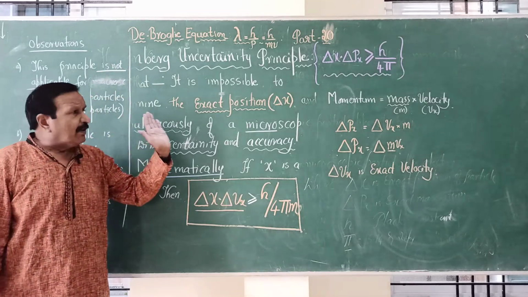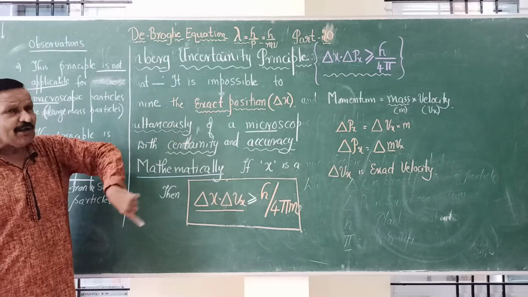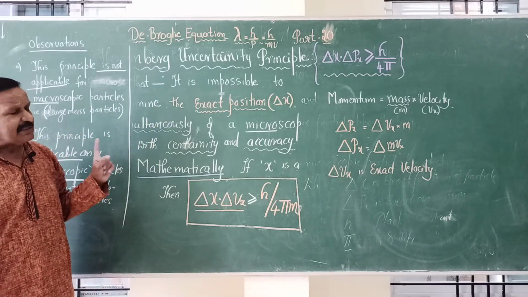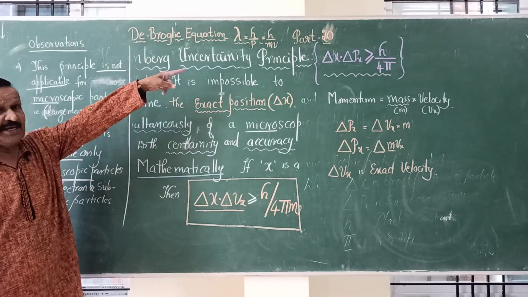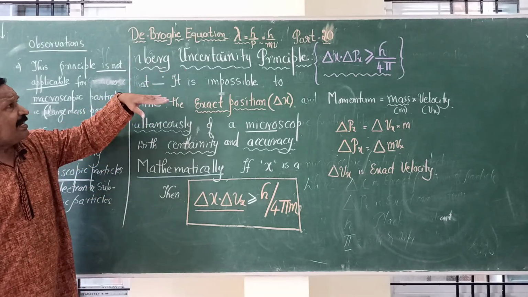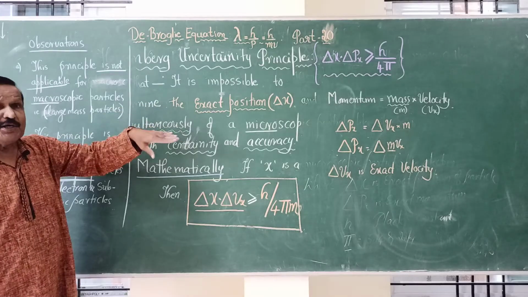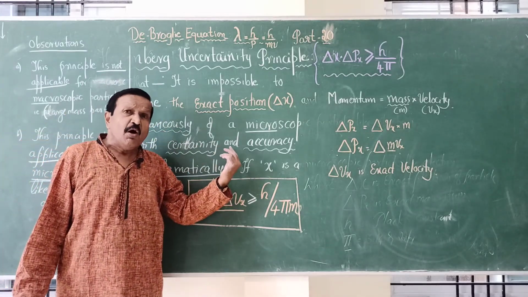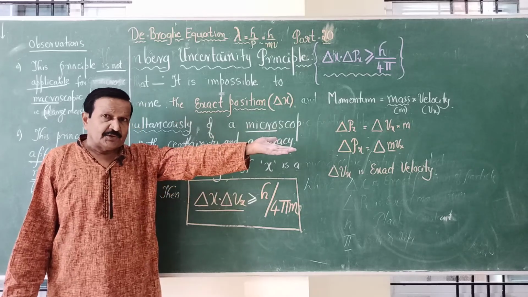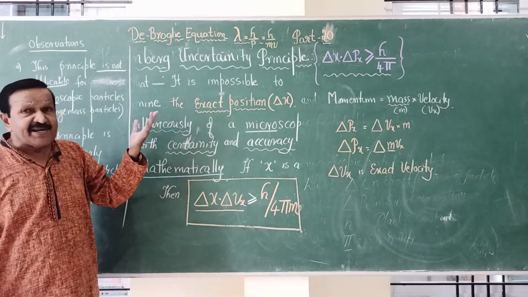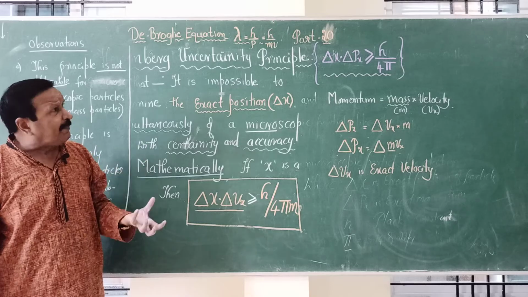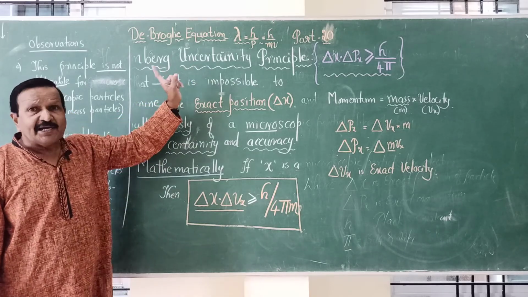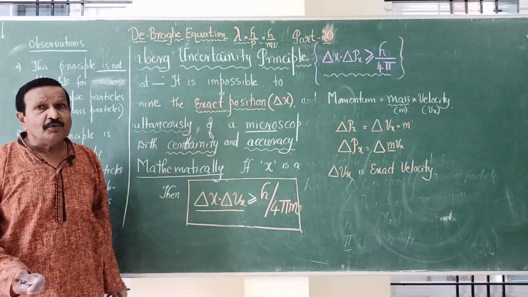As Bohr had created orbits, those orbits are not possible practically. I will explain why and how in my part 21. So this uncertainty principle brought new things in chemistry, that is we are going from orbits to orbitals. The credit of bringing orbitals in place of orbits goes to Heisenberg. I will continue in part 21. Thank you, my dear students.